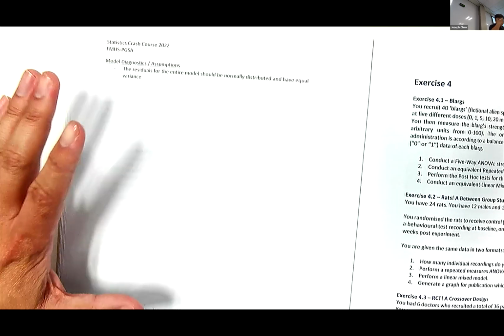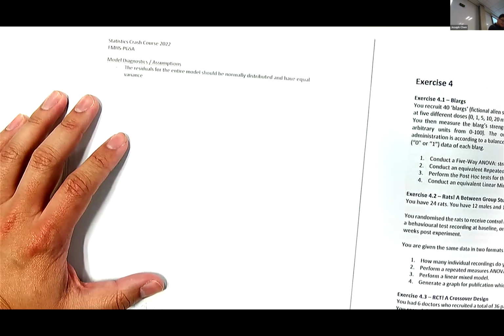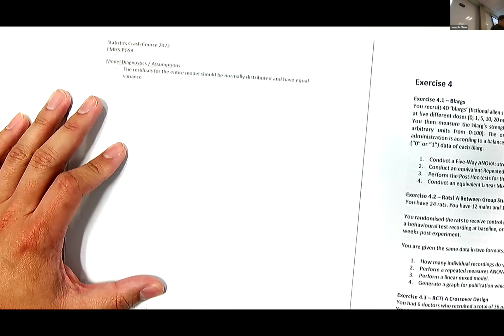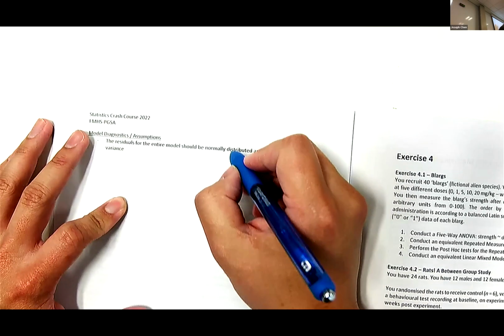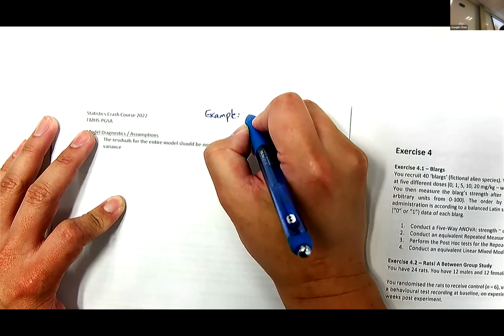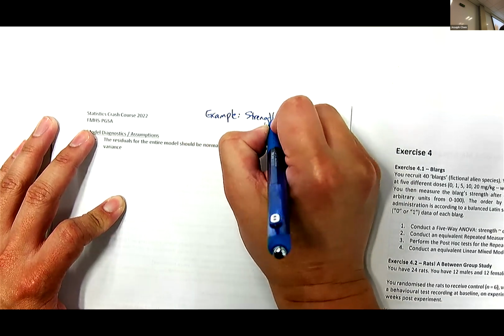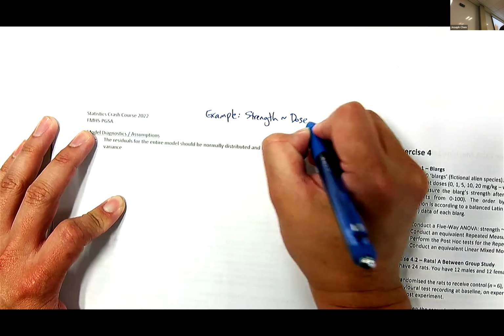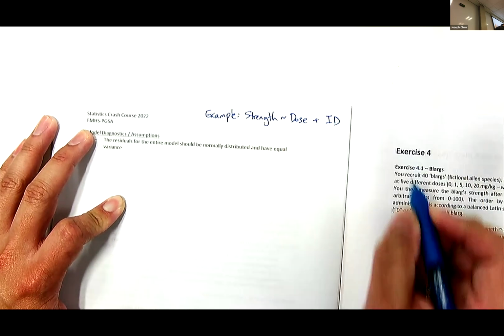Okay, but I wanted to draw something else in this space. In this example, I'm going to use the model: strength is dependent on dose and ID.